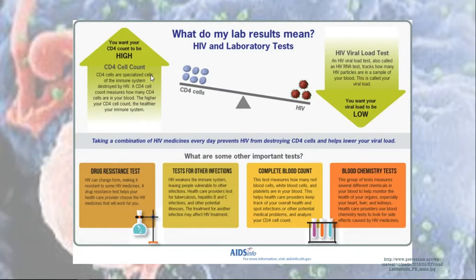We want a complete blood count because we want to be on top of their electrolytes, their platelet counts, their cholesterol levels, their liver enzymes, their kidney function, to make sure that none of those systems are being affected by the virus and bringing down their immune system even more, making them more susceptible to those opportunistic infections. So our blood chemistry test, of course, measures several different chemicals in the blood, like the health of your organs, like I just mentioned.